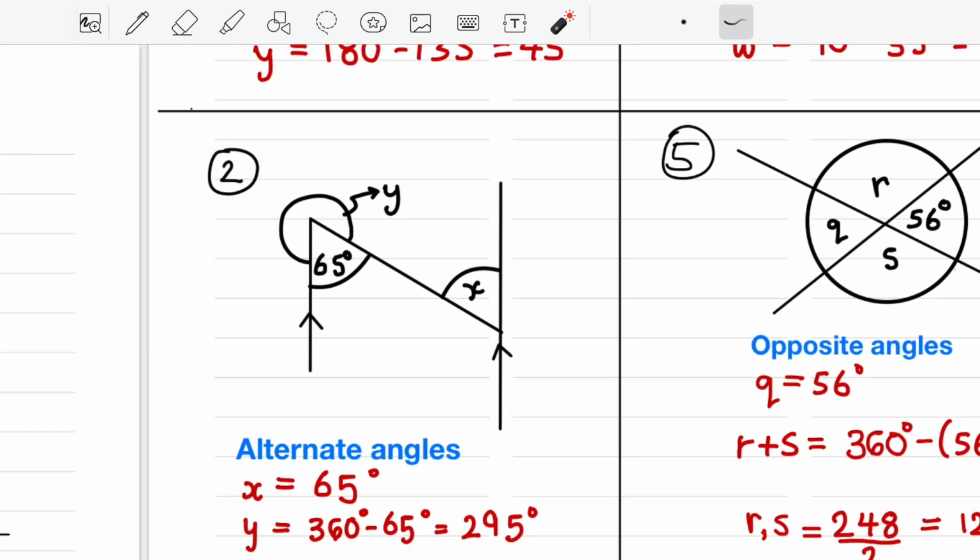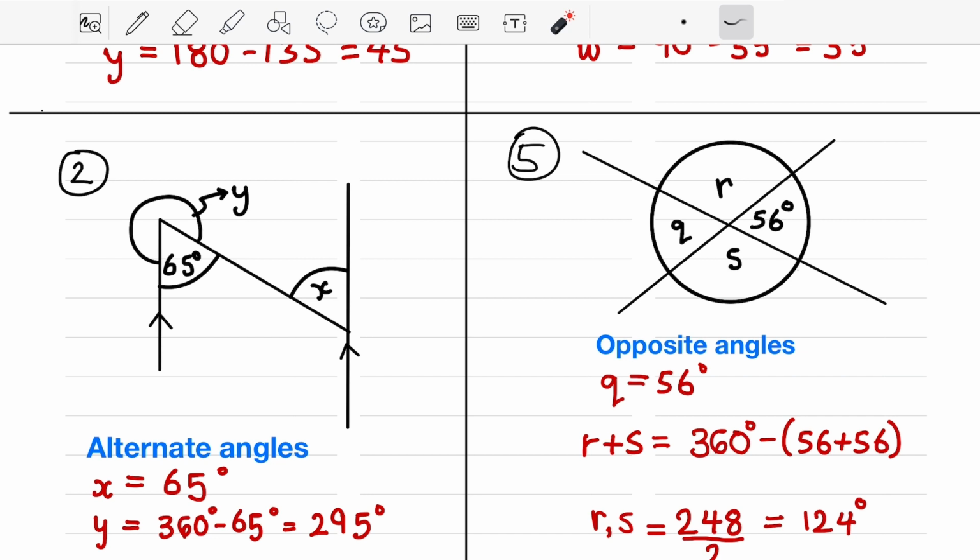Next, alternate angles. Since this line is parallel to this line, then this angle here will be equal to this angle here. So x is equal to 65 degrees. And angles meeting at a point sum to 360 degrees. So 360 take away 65 will give you 295 degrees.